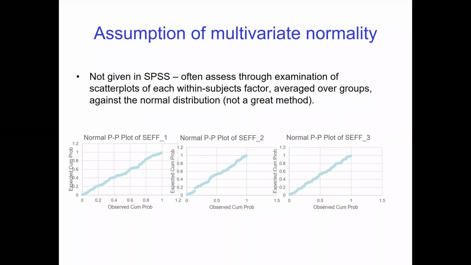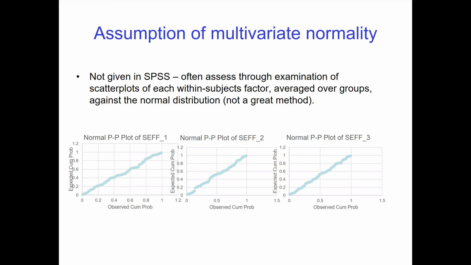So it should be a straight line. If the distribution of self-efficacy at time 1 is normal, then it should fit with the normal distribution relatively perfectly in a straight line.